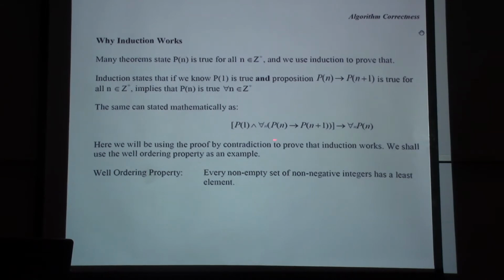So in order for the right-hand side to be true, you have to have the basis true, and you have to show that the implication, P of n implies P of n plus 1, is true. That must be true. Which means that if P of 1 is true, then P of n plus 1 must be true. Okay? So if this step is a given from the direct substitution, and this is true, that implies P of n is true for all values of n.